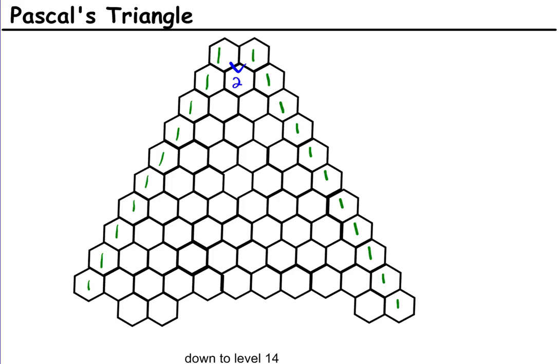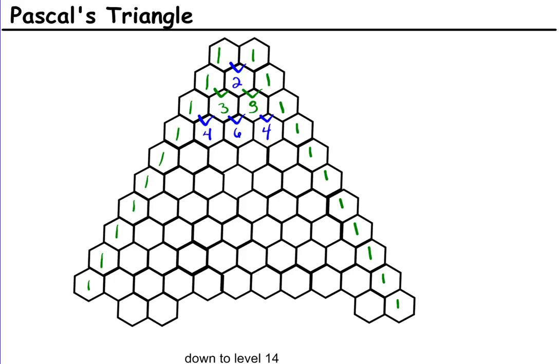In order to do this hexagon, I'm going to say 1 plus 2 is 3, and 2 plus 1 is 3. And as I go here, I get 4, 6, 4. Now I want you to see we have some symmetry going on here. That's sort of cool.